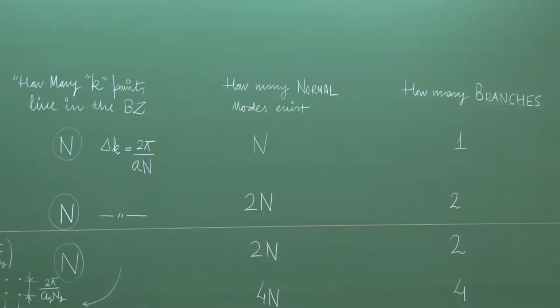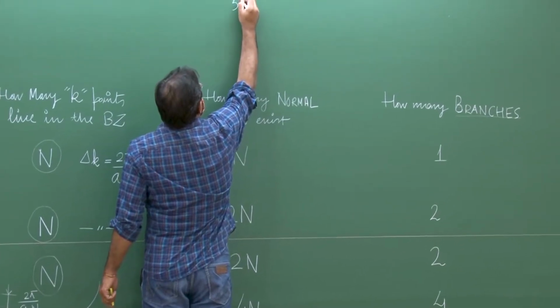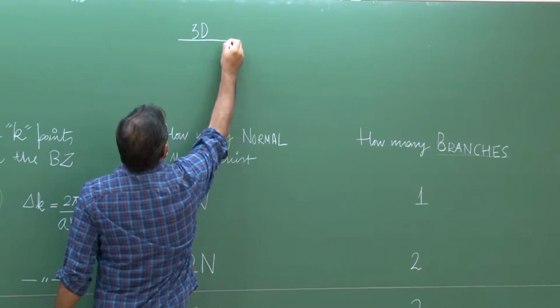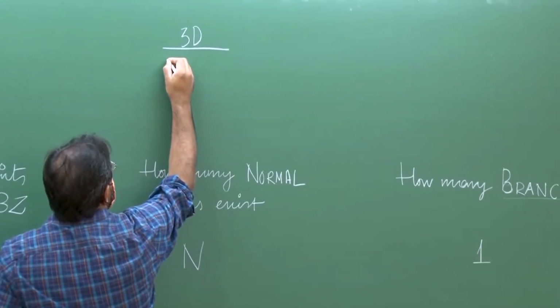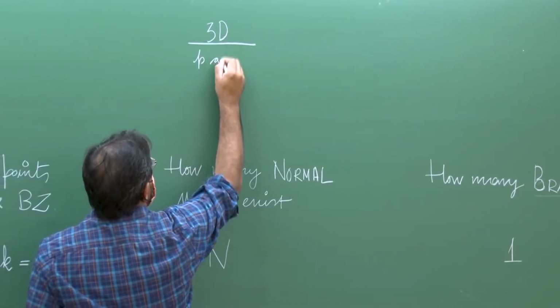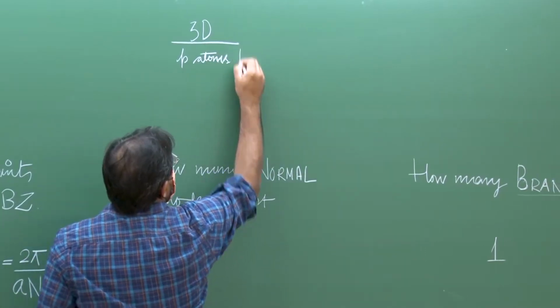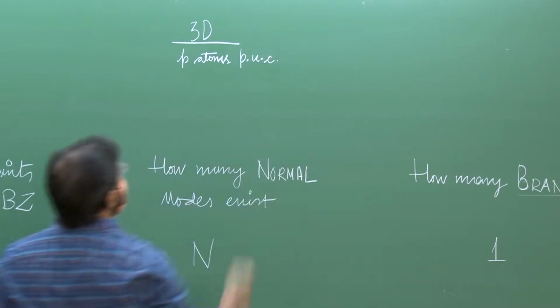So we are dealing with a three-dimensional, insulating crystal, which has a p atoms basis, or p atoms per unit cell.